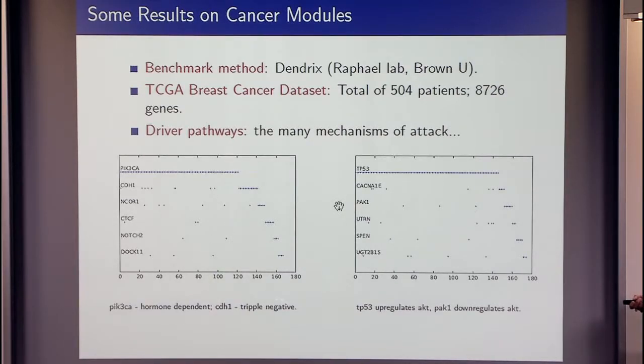The ones that have a mutation in CDH1, you can see that there are very few patients, based on the clustering we did, very few patients that have a mutation in both. And that very much confirms the different type of cancer results that are out there. These patients are so-called triple-negative breast cancer patients. They have a very poor prognosis because they don't respond to treatment, especially hormonal treatment.